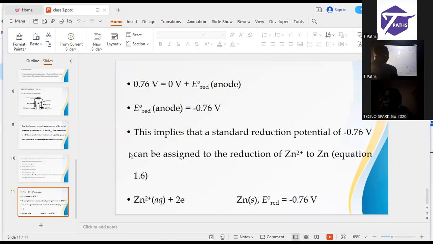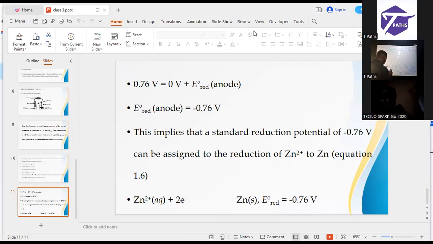What you can see here. Now, if for the cathode, we establish that the cathode is the hydrogen and the anode is the zinc, knowing that, I can easily solve for that.